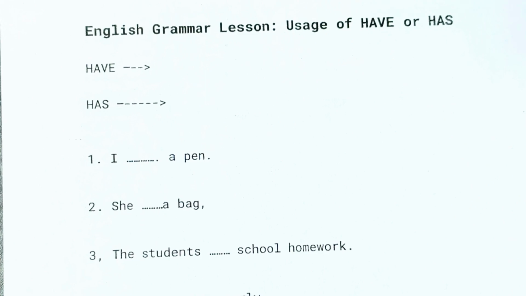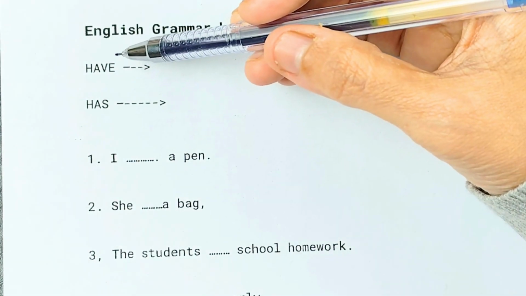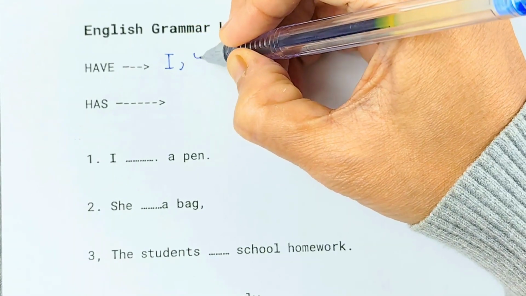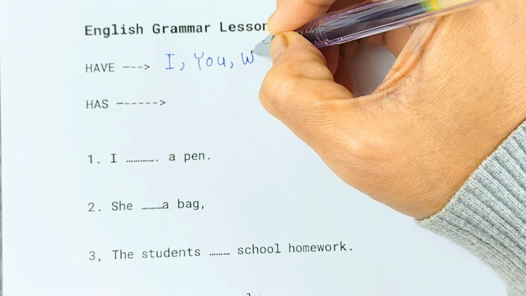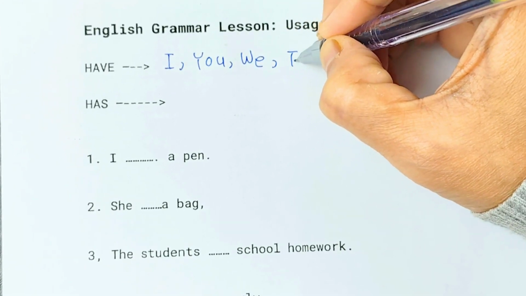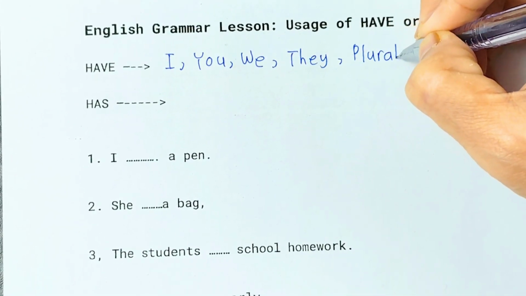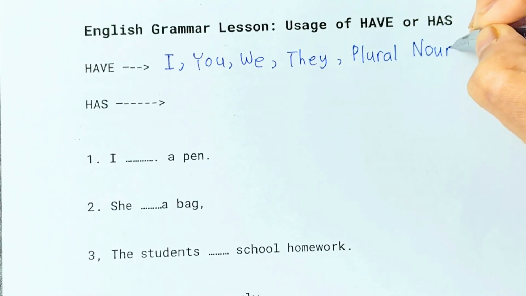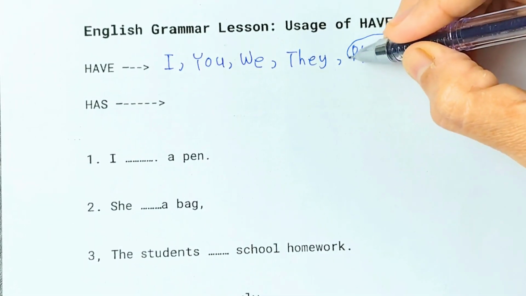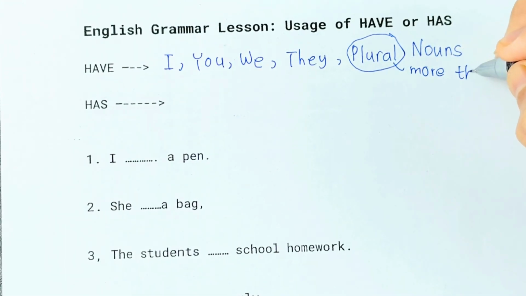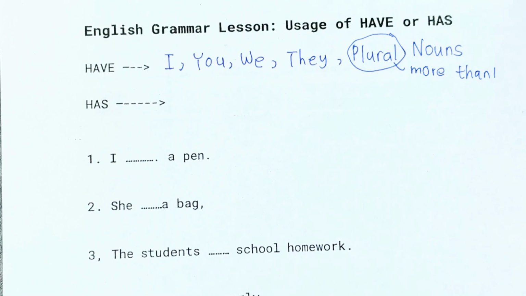Let's get started. We use have for subjects like I, you, we, they, and then plural nouns. What does it mean by plural? Plural means more than one.